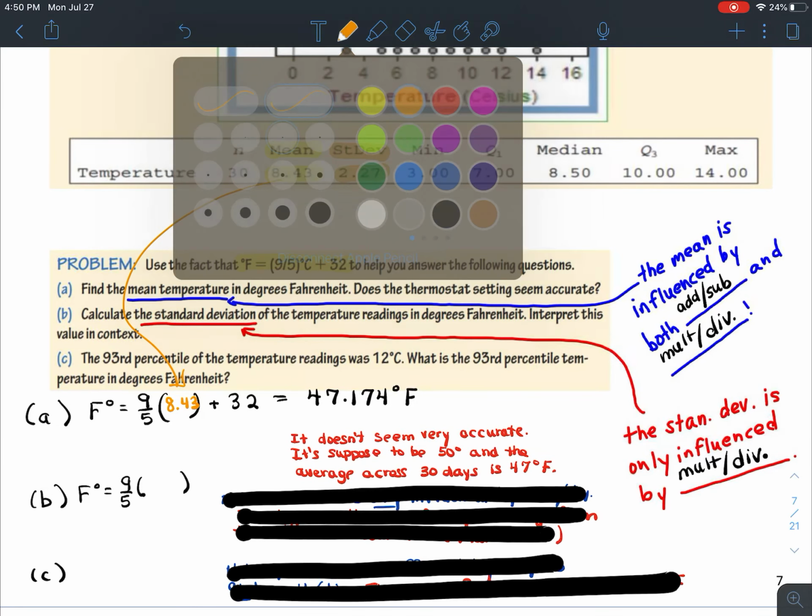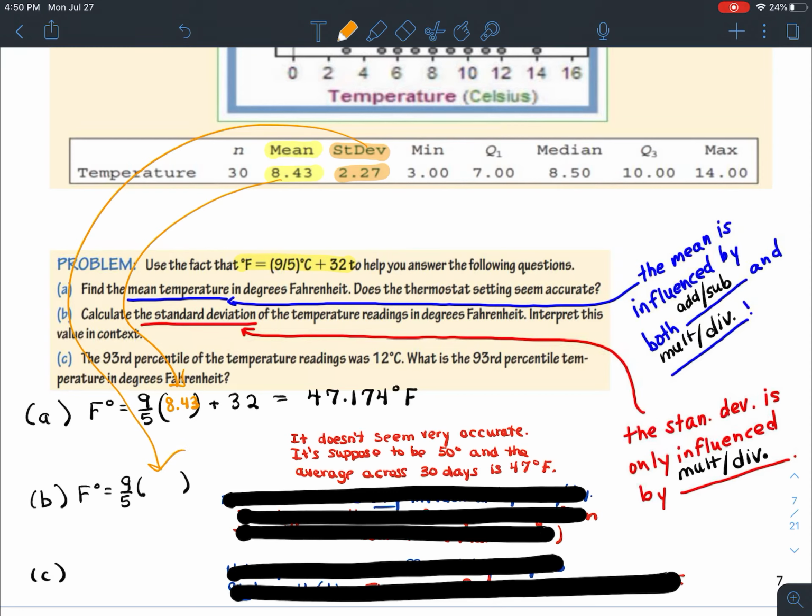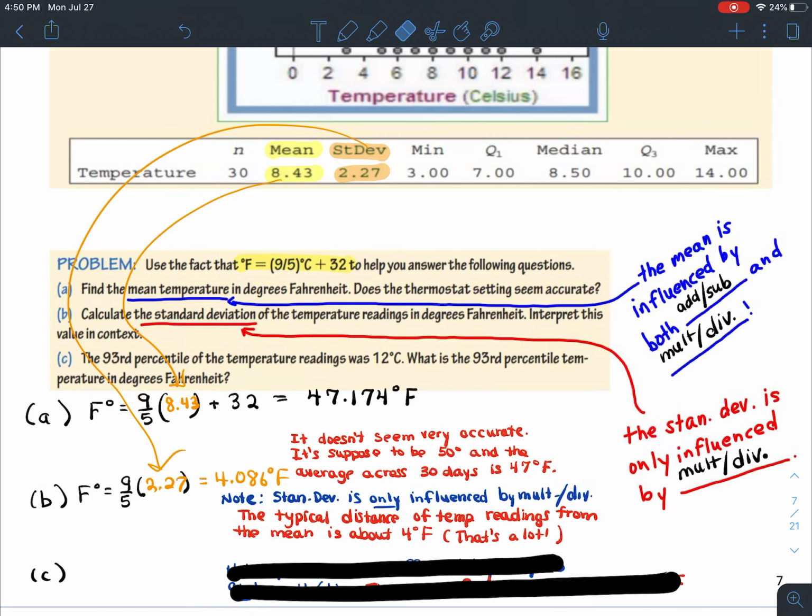So when I go to plug in the standard deviation in here, I'm not going to add 32 on the end there, because adding to a measure of spread is not something that's going to affect it. So just the multiplication part of the formula gives me 4.086 degrees Fahrenheit.